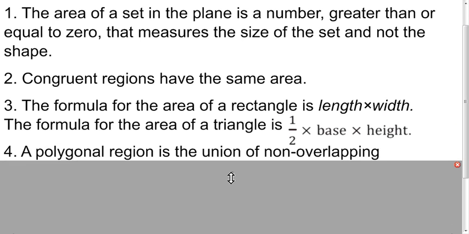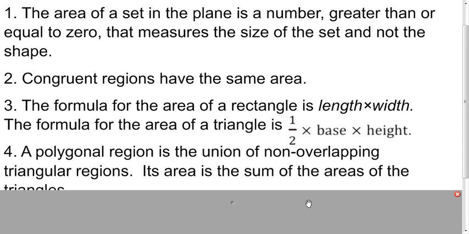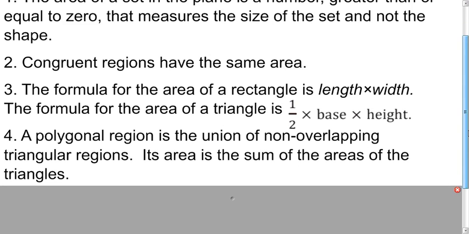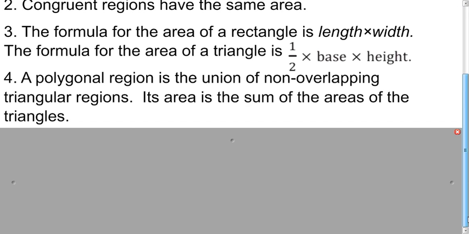And we've learned these formulas before. So rectangle, length times width, triangle, 1/2 base times height. Now maybe this seems new, but we applied this before. Oops, let's go back. So a polygonal region is the union of all of the triangles that make it up and don't overlap.